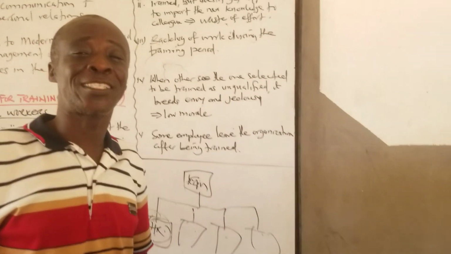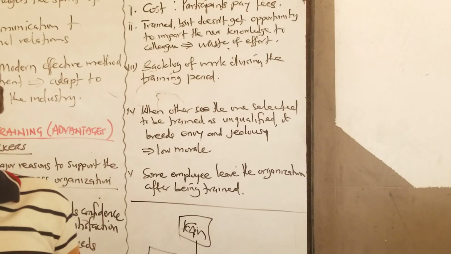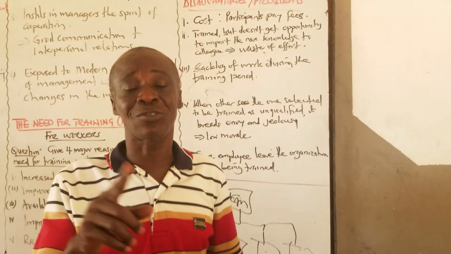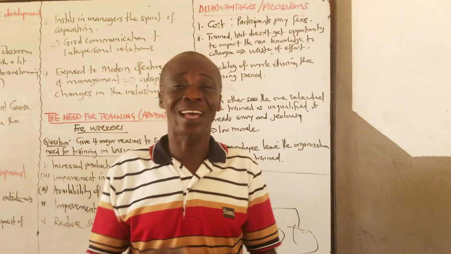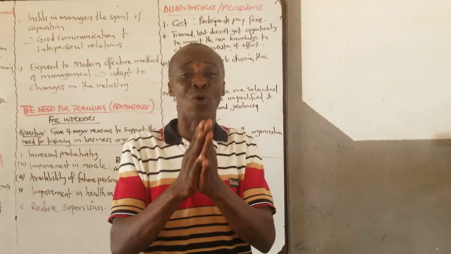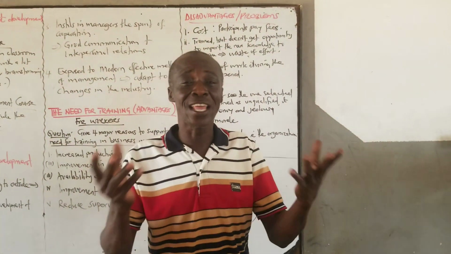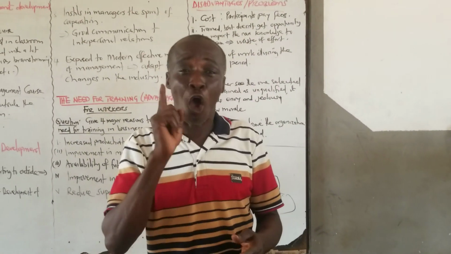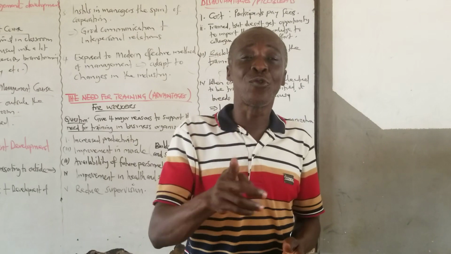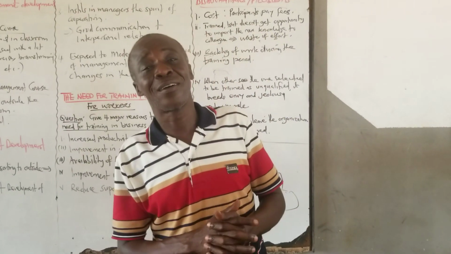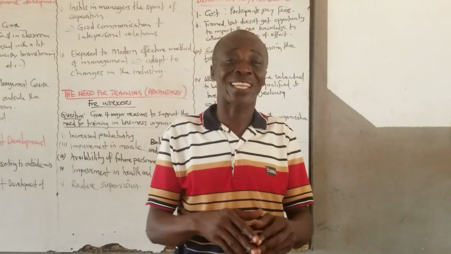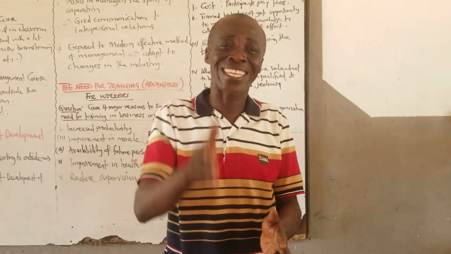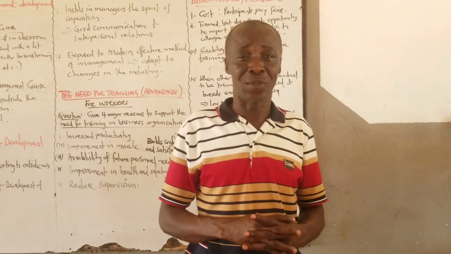So what the organization does is that, when they are going to spend so much on you, you sign a contract with them that after the training program, you work with them for 10 years, for 5 years, whatever it is. Then if the time for your stay had not elapsed and you want to leave the organization, there is a certain amount of money that you have to pay.